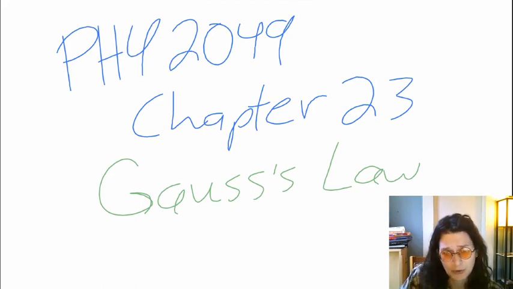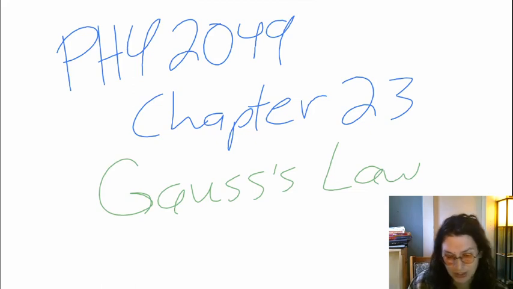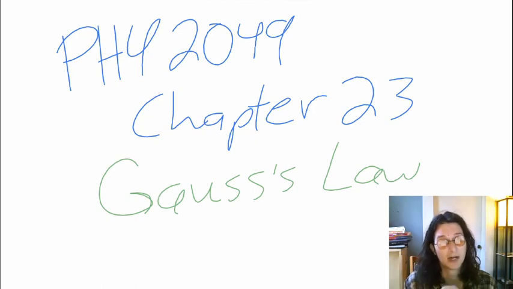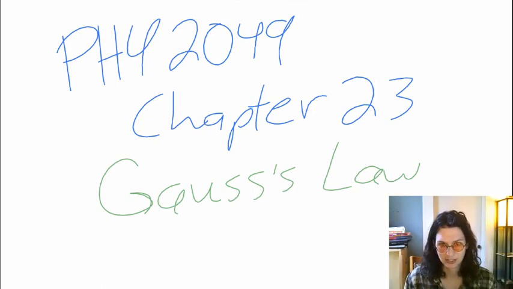Because we've only dealt with electric fields due to a single point particle, we don't yet have a way to calculate the electric fields from other charge distributions. So this week we're going to come up with some other equations for electric fields using Gauss's law and the concept of electric flux.